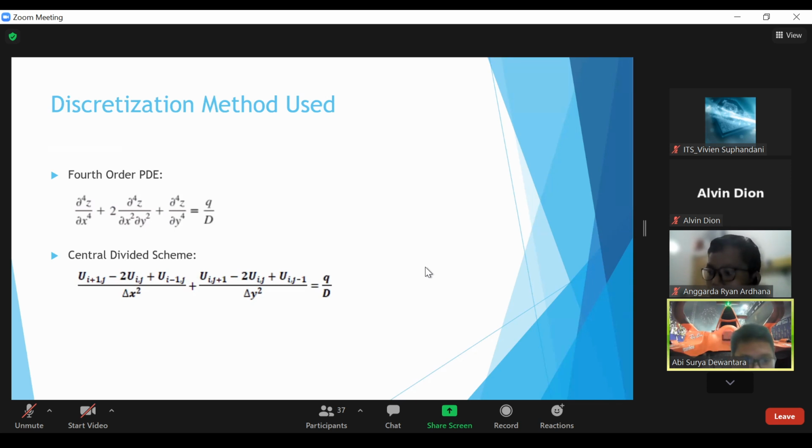Ui plus 1 j minus 2 uij plus ui minus 1 j per delta x squared plus uij plus 1 minus 2 uij plus uij minus 1 per delta y squared is equal to aerial load per flexural rigidity.